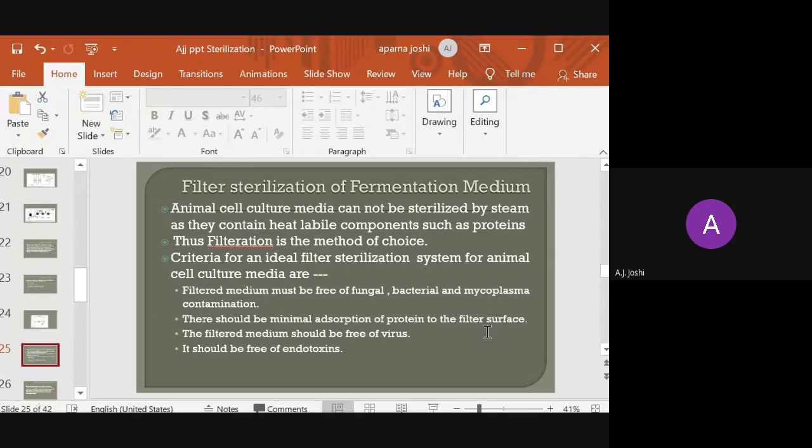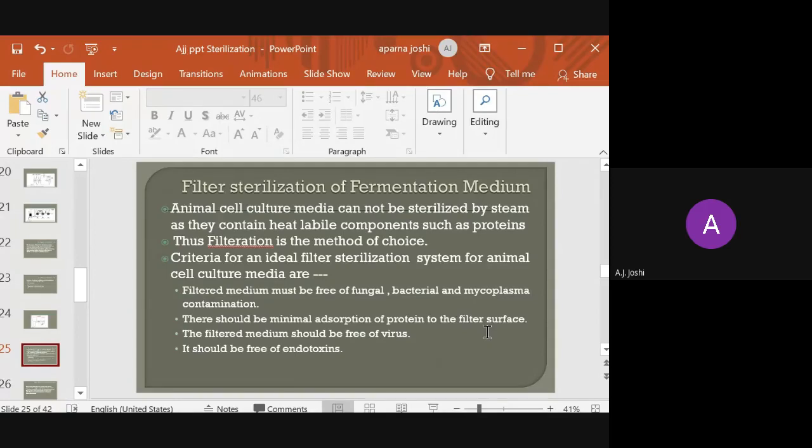The filtered medium should be free of virus. Whenever we select a particular filter, the main thing is the pore size of that filter. No doubt, if we want to retain the fungi or the bacteria, comparatively larger pore size filters can be used.